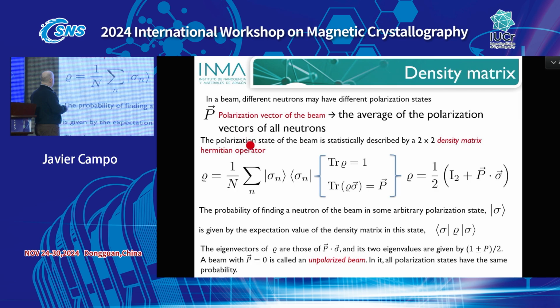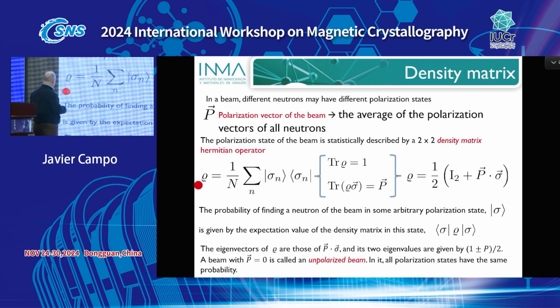Then the polarization state of the beam can be described by a 2x2 density matrix, a Hermitian operator that is written here. Okay? This symbol is the density matrix that is telling me about the polarization of the beam. It is the sum for all the neutrons in the beam of this operator, divided by the number of neutrons in the beam.